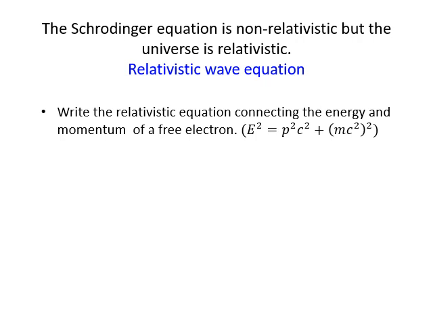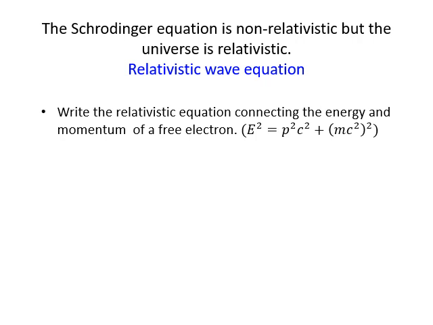So I want to tell you now that the Schrödinger equation is just a non-relativistic equation. And when we're studying particle physics and the structure of the universe, it turns out we actually should use a relativistic equation.